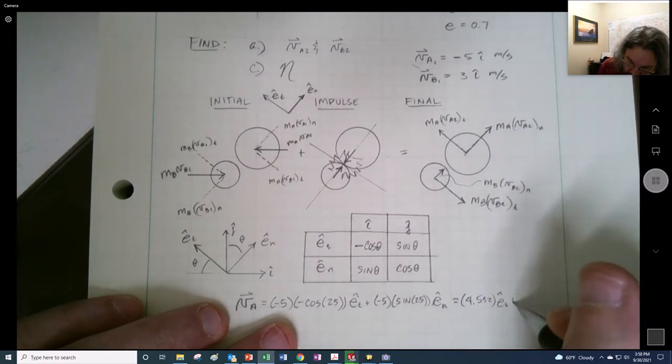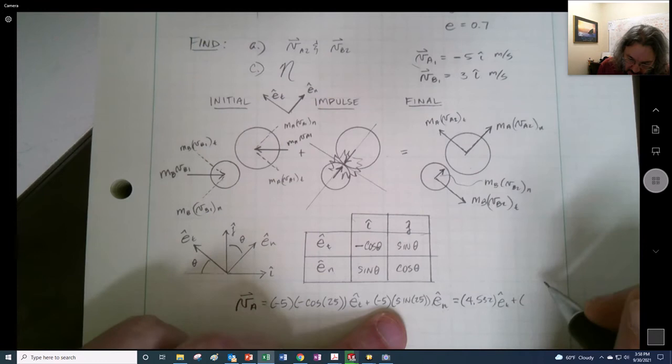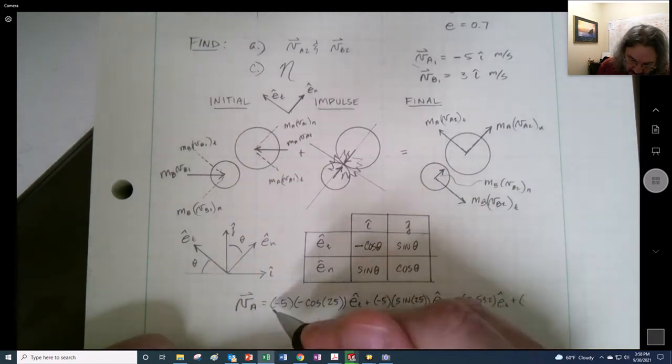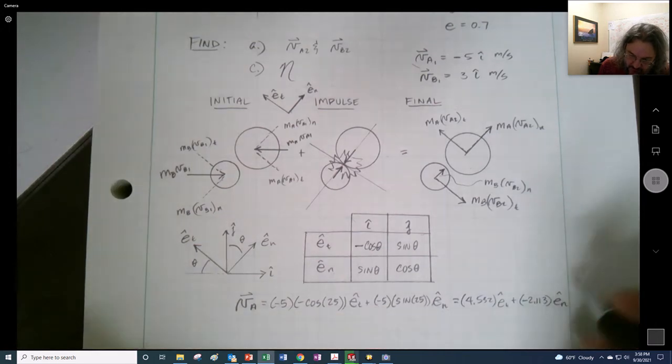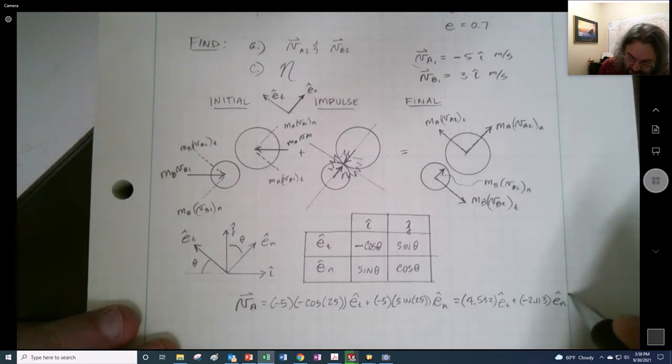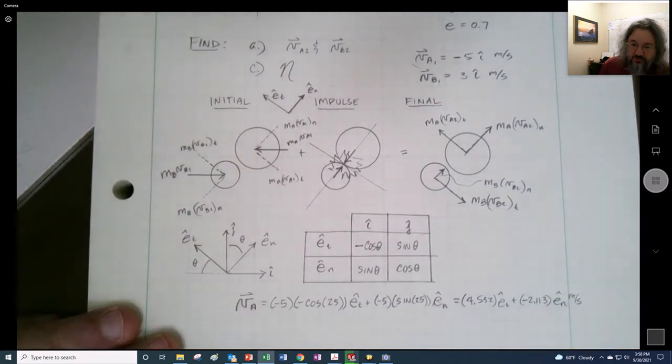And then this is going to be negative. Right, so that was negative, so that canceled out. So this is going to be a negative 2.113. You should check that yourself. But these are normal and tangential, and these are meters per second. I should put some units on there.